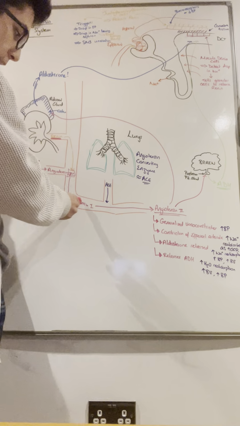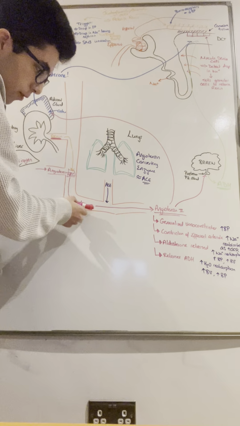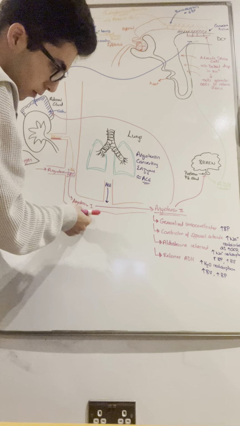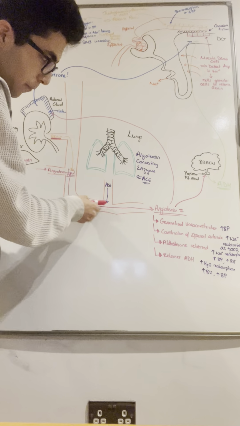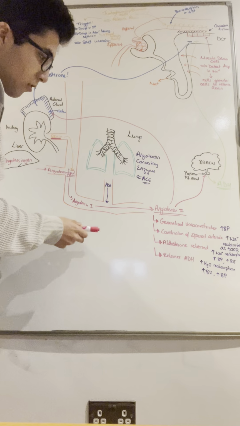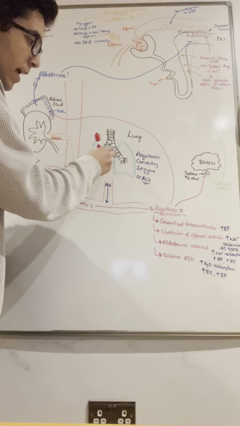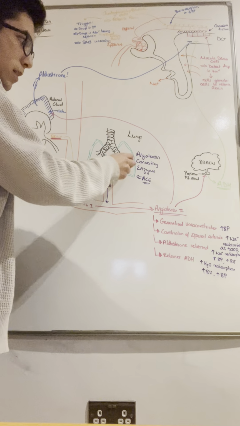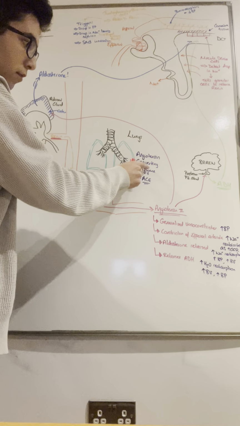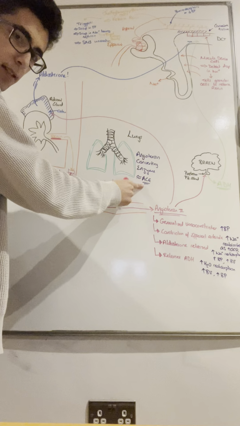So we've got angiotensin 1 going around in the blood, and it'll eventually come across our lungs. In our lungs, we've got an enzyme, and this is called angiotensin converting enzyme, ACE.